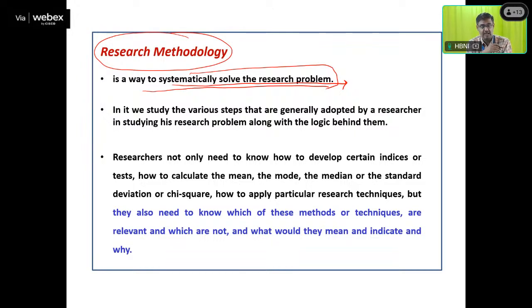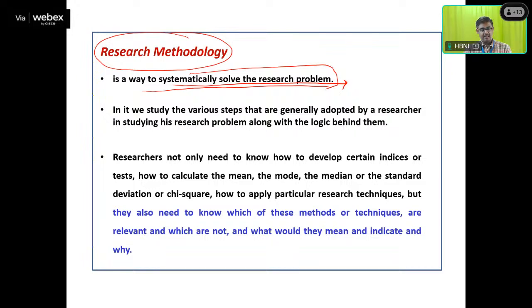Suppose my aim is to increase the catalytic activity of the material. What do I have to use? I use a catalytic reactor to collect the data for the catalytic activity of each material. So that catalytic activity data collection is research method.